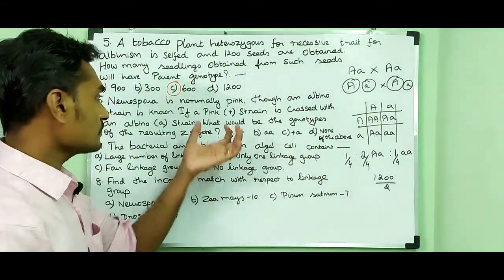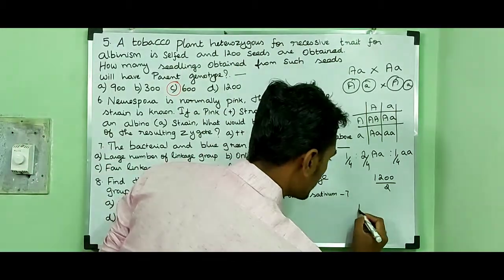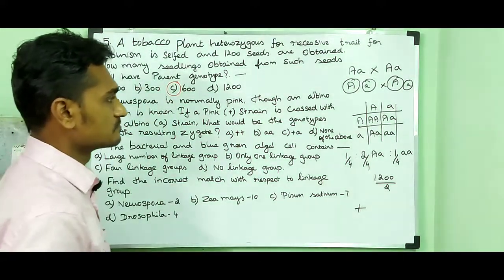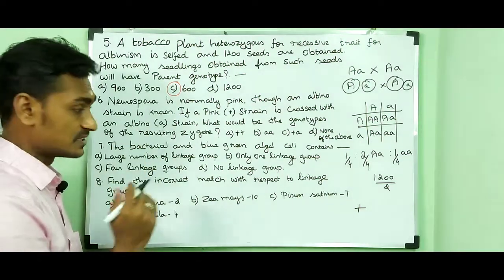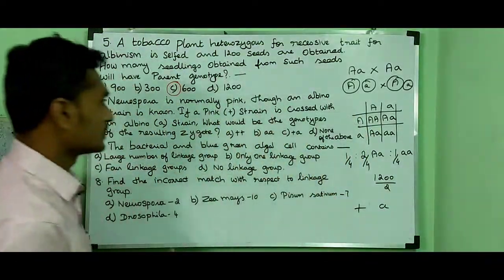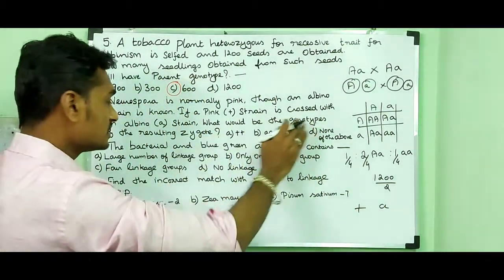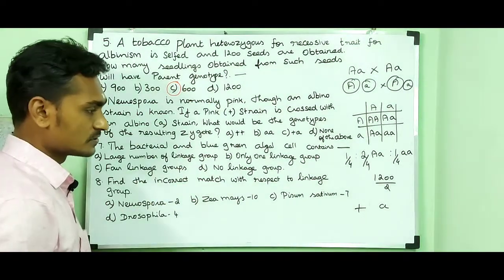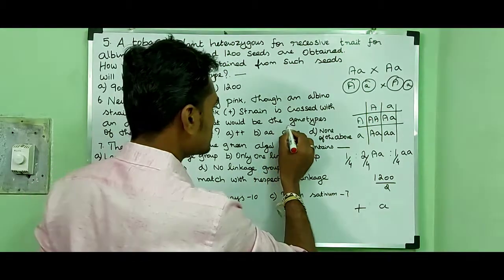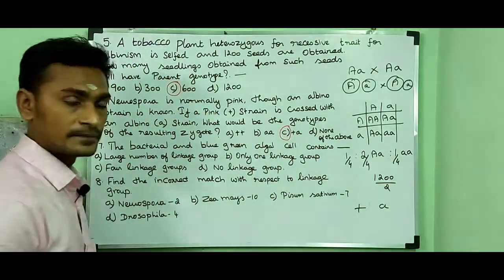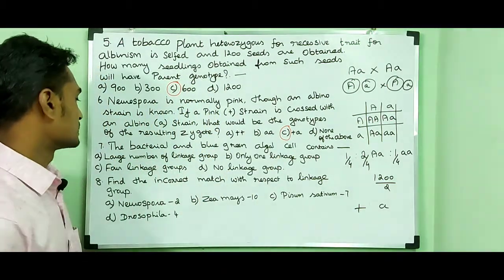So the cross was made between plus and a. The genotype of the resulting zygote is option C, plus and a. So option C is the right answer.